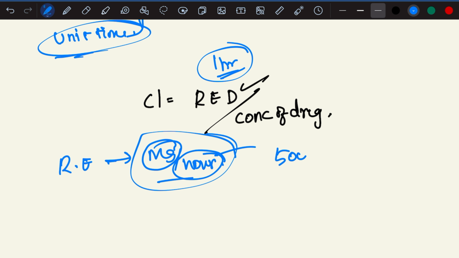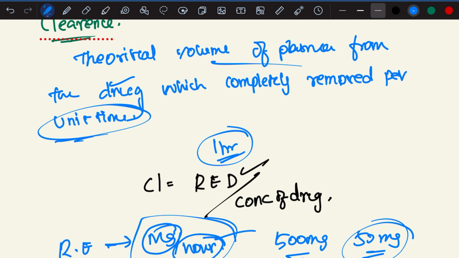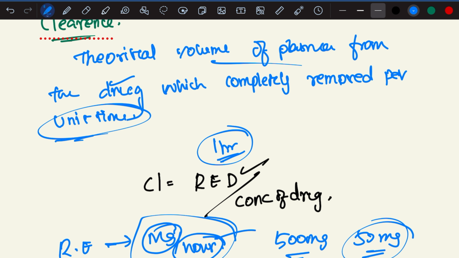If 500 mg is administered and 50 milligram is removed from the body, how much plasma is cleared of the drug is known as clearance.